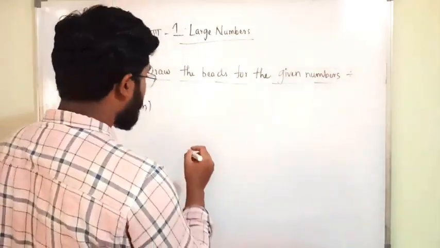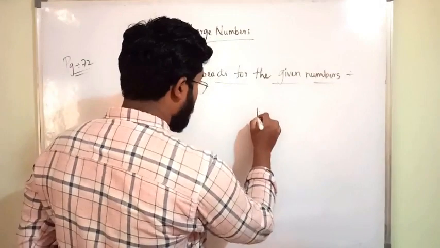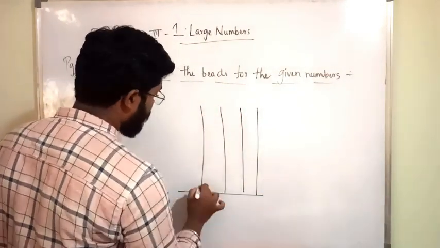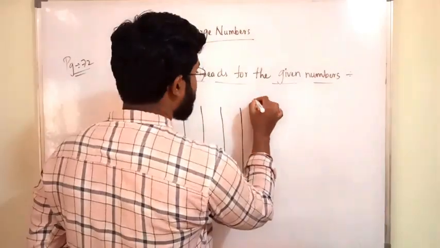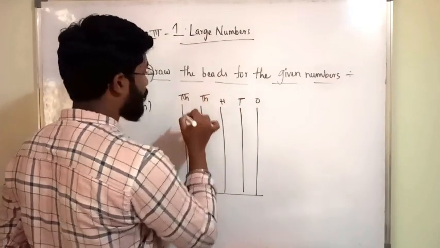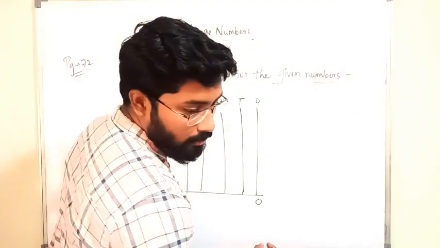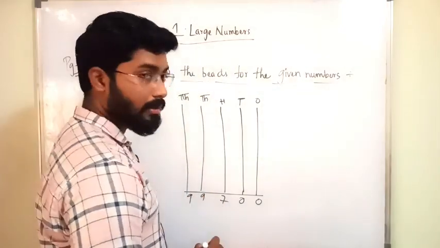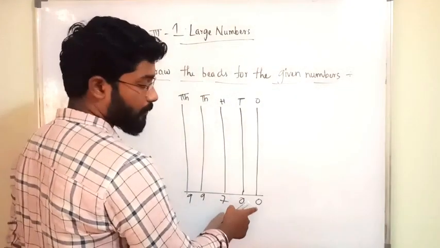H is what? Here how many rods are there? Up to 10,000 means 5 rods. 1, 2, 3, 4, 5. Ones, tens, hundreds, thousands, 10,000s. The number is 0, 0, 7, 9, 9. Clear? Under ones rod, which number is there? 0.